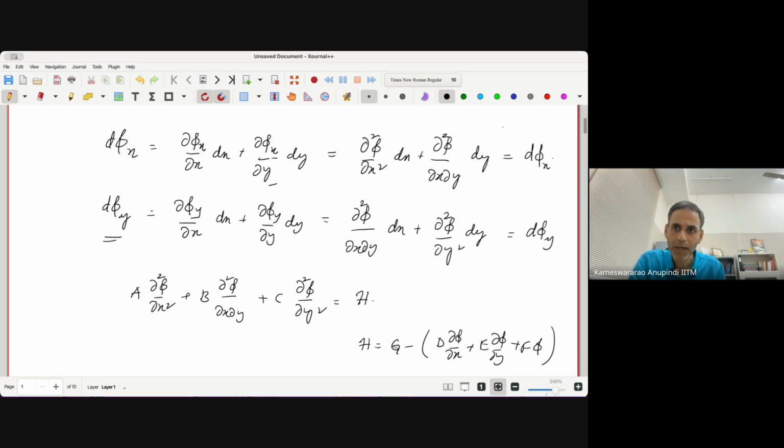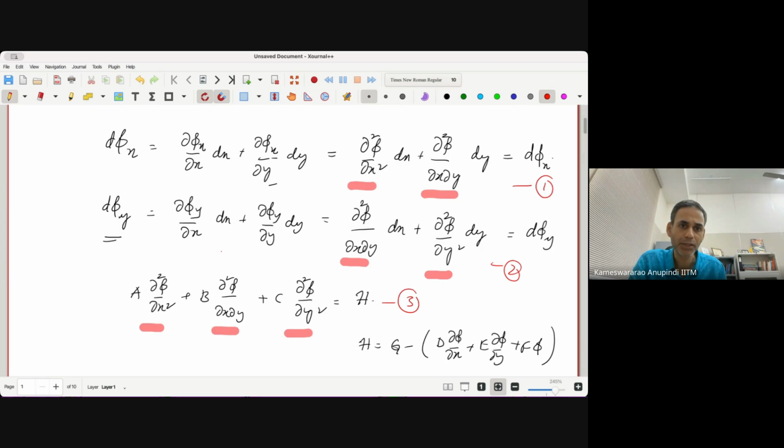Now I have three equations. This is equation number 1, this is equation number 2, this is equation number 3. In each of these equations, what you see is that there are terms which are ∂²φ/∂x², ∂²φ/∂x∂y, and ∂²φ/∂y². Similarly, you have the second derivative of φ with respect to x, with respect to y, and the mixed derivative.